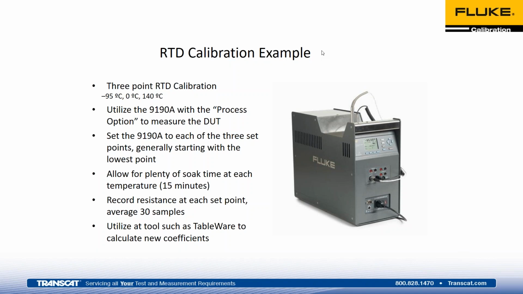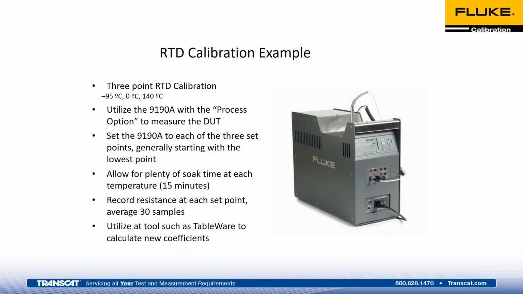All right, now we're going to get into a basic example of a 3-point calibration. Here we're utilizing our 9190. I thought this would be a good one because we can go pretty cold to fairly warm. Basically, to do the cal, we're going to start the unit. Usually you want to work cold to hot. We're going to put the DUT in with our reference, run the unit down to temp, allow for it to come up and stabilize.